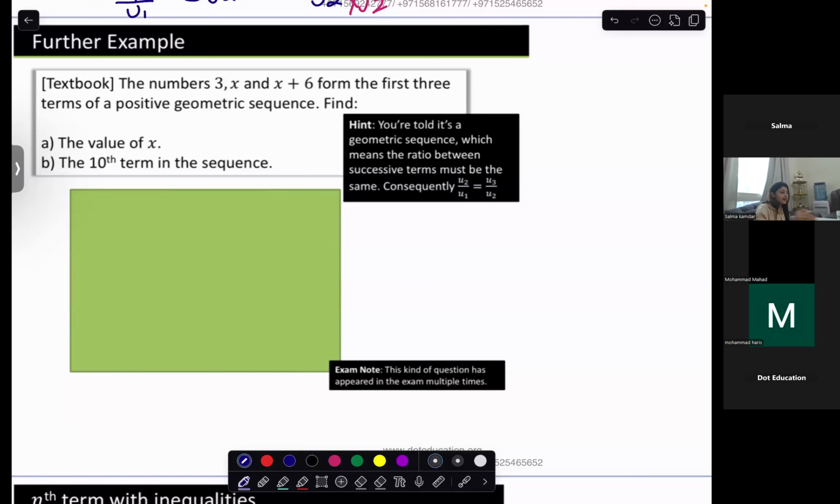Remember that when you are in doubt, you should always draw it out. So I have my u1, u2, and u3. My u1 is 3, my u2 is x, and my u3 is x plus 6. Are you with me?